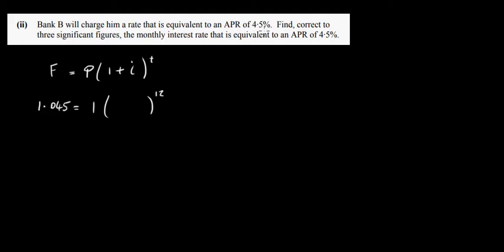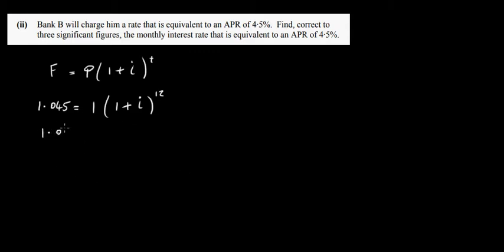So just take this 4.5 divided by 100, that will give you 0.045. Now we borrowed €1, so that means at the end of the year we're going to owe €1.045 if we borrowed €1. So what we've got to do now is work out what the monthly rate would be, what this I would be. We're doing the reverse of what we did in part 1.